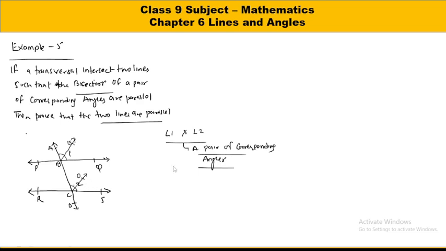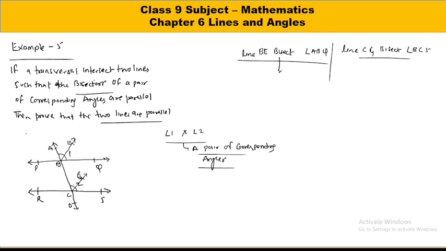So we see that line BE bisects angle ABQ, and line CG bisects angle BCS.